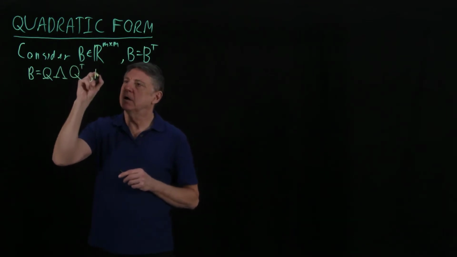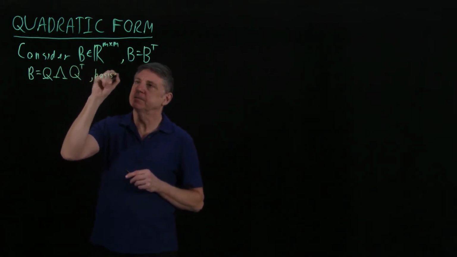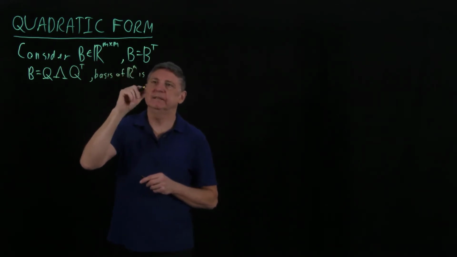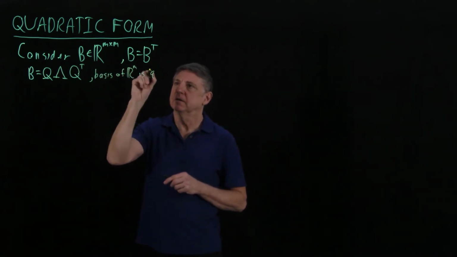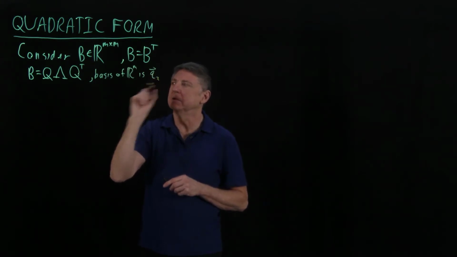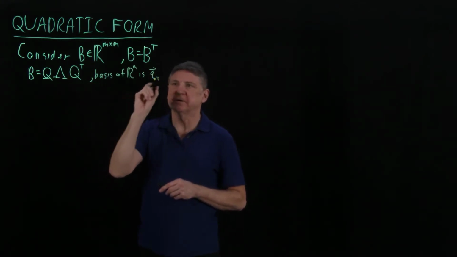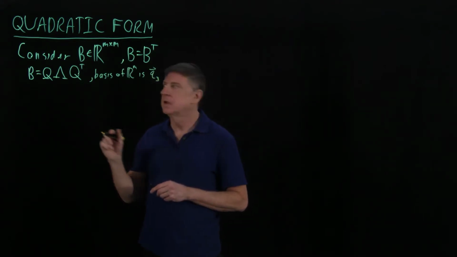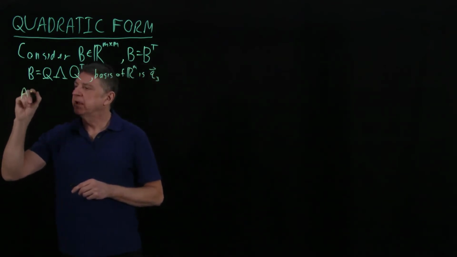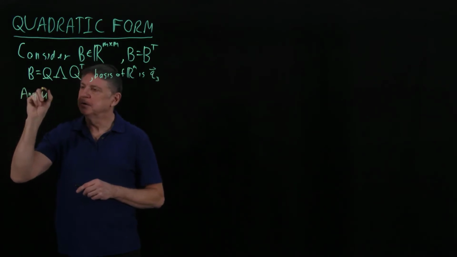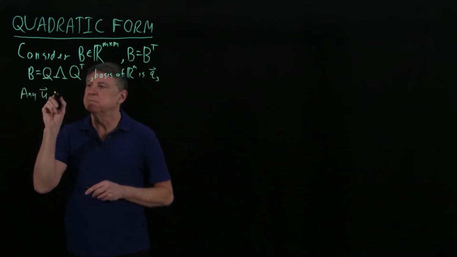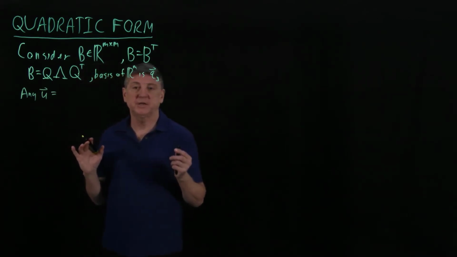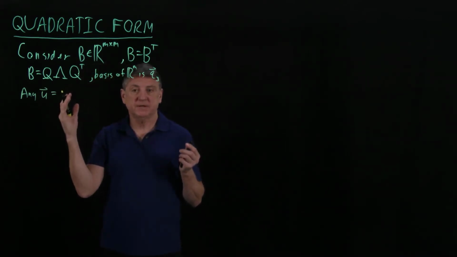And so one basis of these real numbers is the columns of this orthogonal matrix, which we'll refer to as Q. So let's suppose that this is Qj. So any vector U that has m entries can be written as a unique linear combination of the eigenvectors.